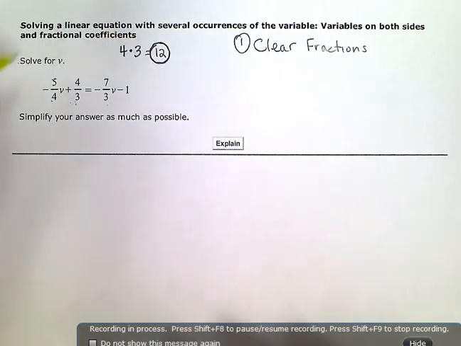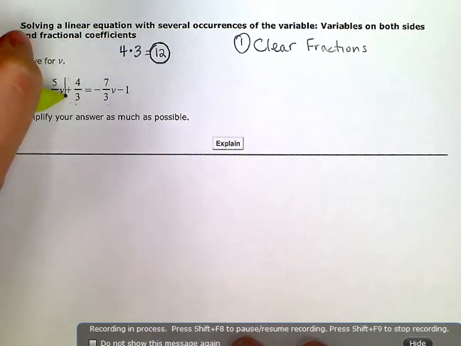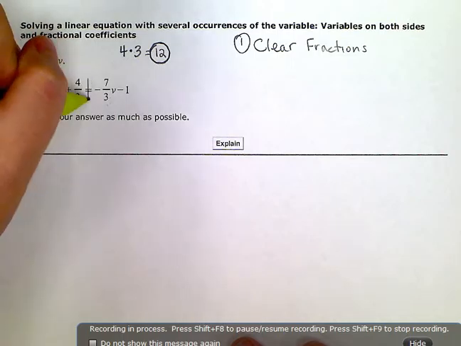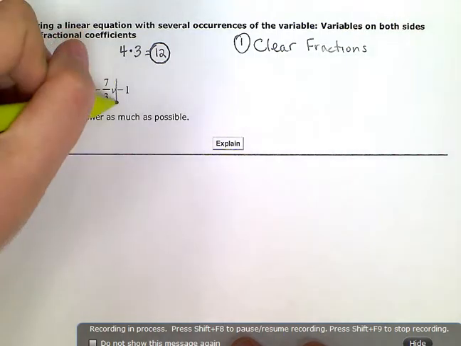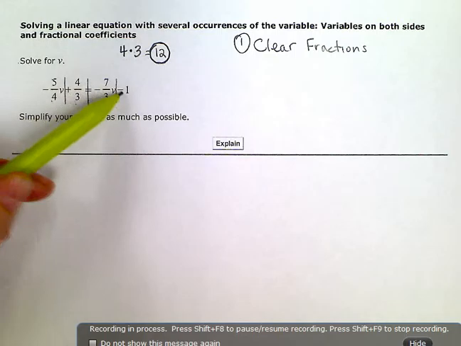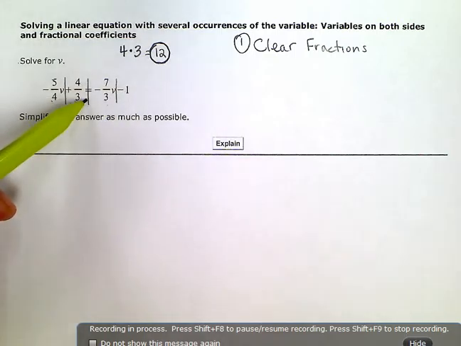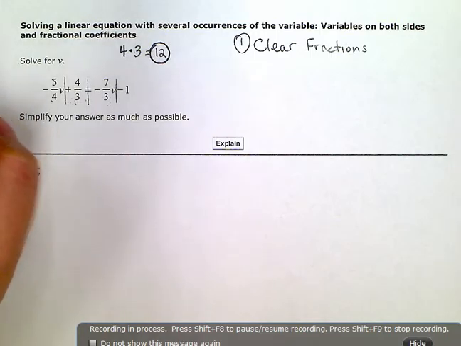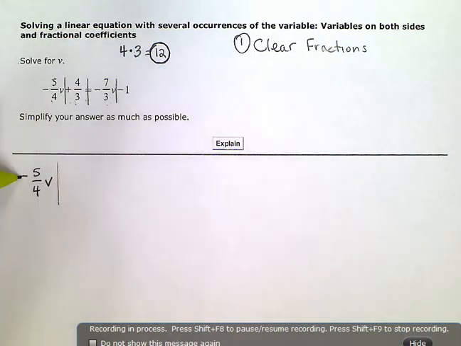So now I'm going to draw some lines to divide up my equation a little bit. And how I decide where I draw the lines is where I see pluses, minuses, or an equal sign. So I divide it into terms at the pluses, the minuses, and the equals. So I have negative 5/4 v as one term. There's the plus or minus.